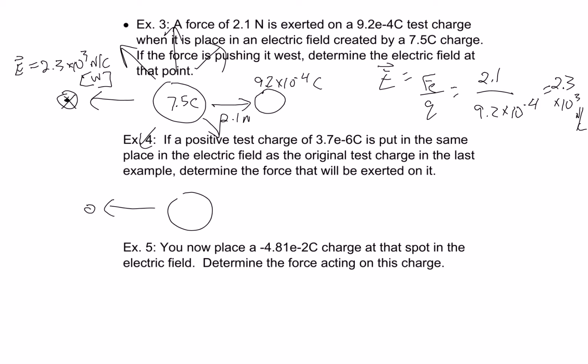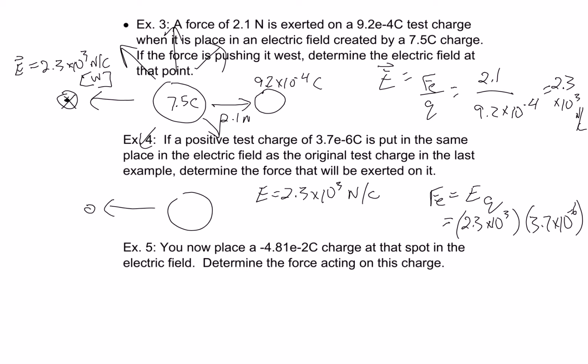So I already know that in that location, our electric field was 2.3 to the 3. So now in this case, we're just looking for force. So we'd have electric field times charge. So we take that answer, the 2.3 to the 3, and times it by our new charge of 3.7 to the negative 6.